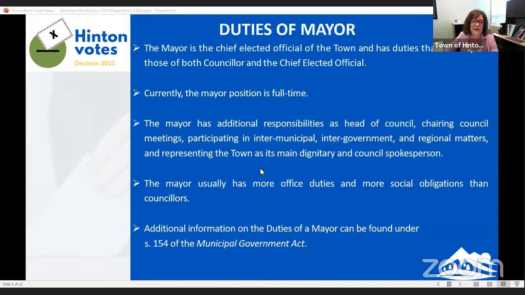The mayor also has additional responsibility as head of council, chairing council meetings, participating in intermunicipal, intergovernmental, and regional matters, and representing the town as the main dignitary and council spokesperson. The mayor usually has more office duties and more social obligations than councillors. Additional information on the duties of a mayor can be found under Section 154 of the Municipal Government Act.